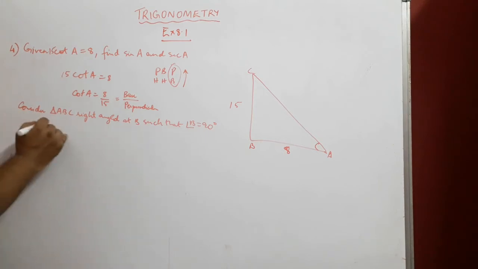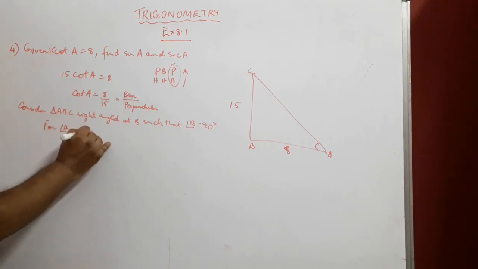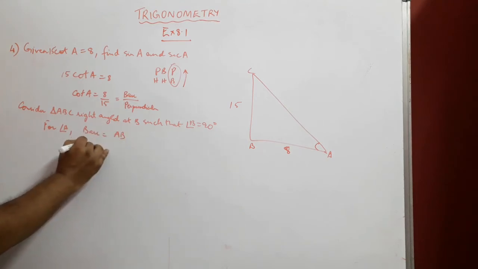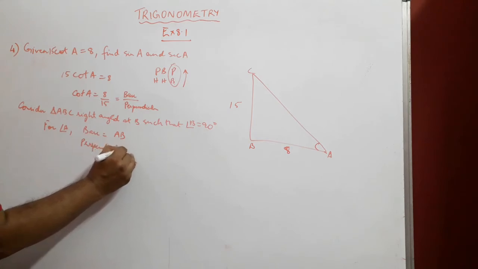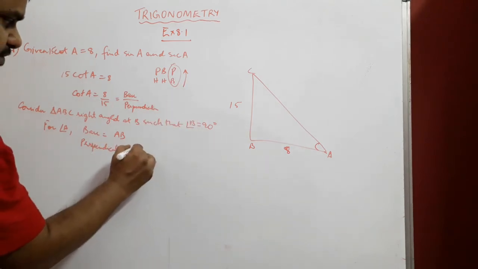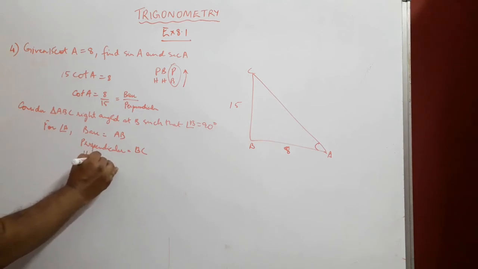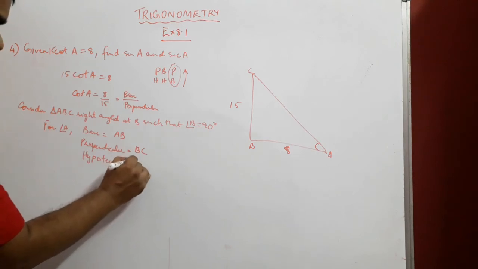And for angle A, base is AB, perpendicular is BC, and the hypotenuse is AC.